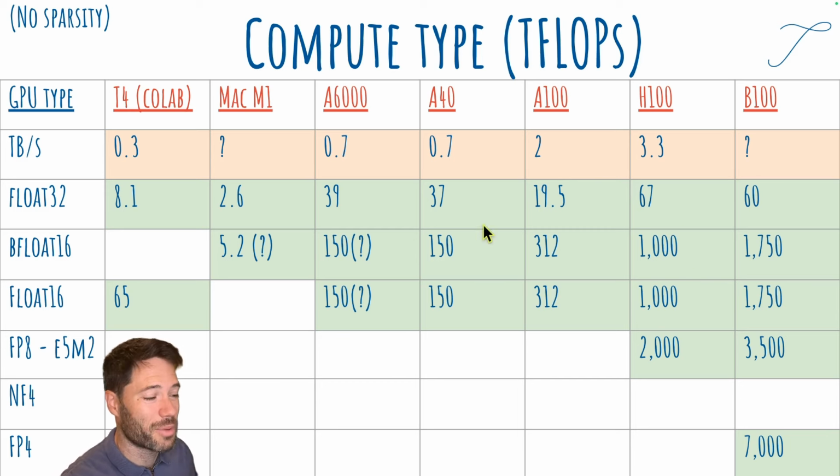Actually, because the flops are improving both in raw compute and because smaller data types are being supported, it's hard to keep up that rate of improvement with the bandwidth. And so bandwidth is becoming more of a constraint on the inference speed of these models than the raw compute that's possible. You can see here that as you have more modern GPUs, you have more bandwidth and you can read in the weights faster.